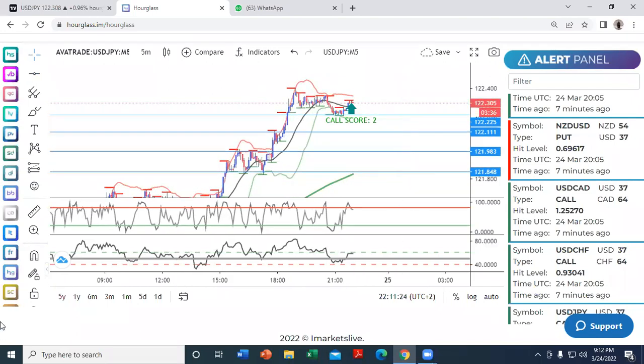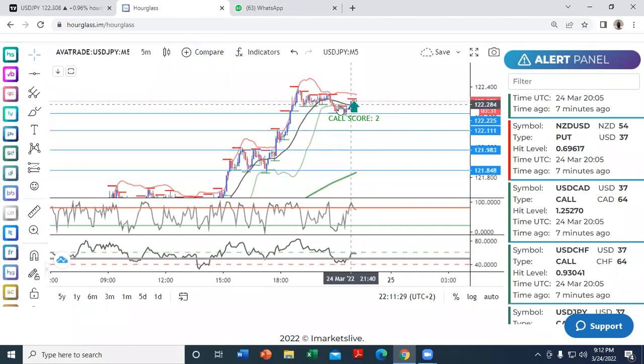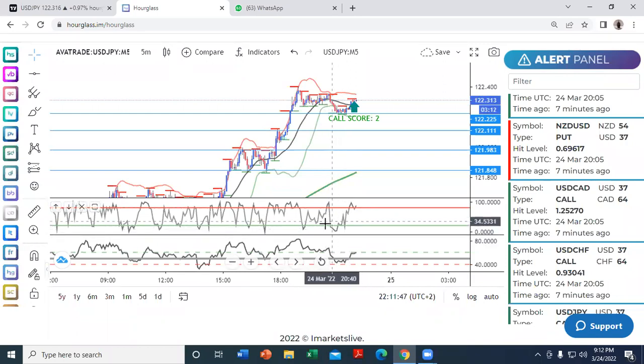Now, even if price comes to this green line, which is a support, if my RSI has not confirmed, you see this RSI and stochastic, they're very important if you're using this strategy. My RSI must be below the green, and stochastic must be above the 50, above the gray line, before you enter the trade.